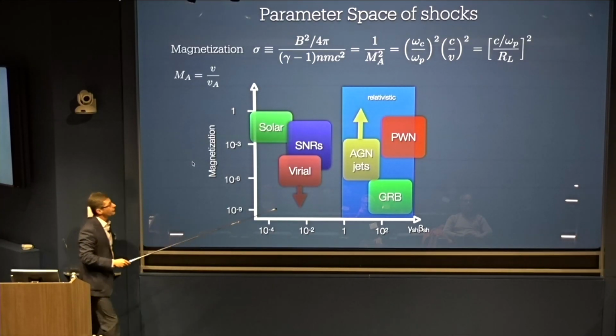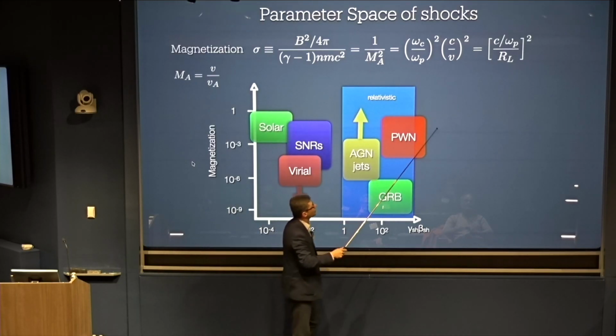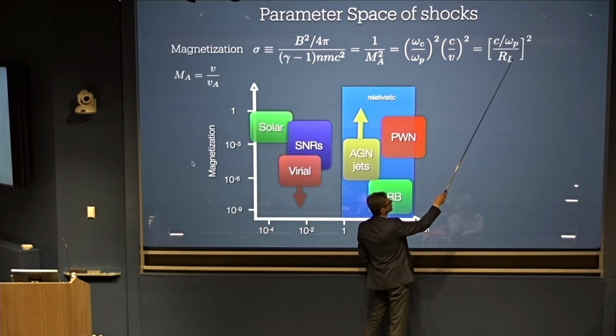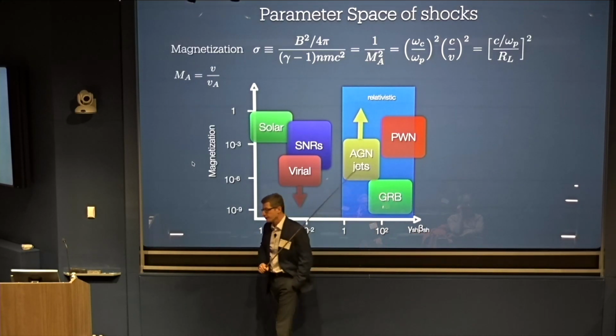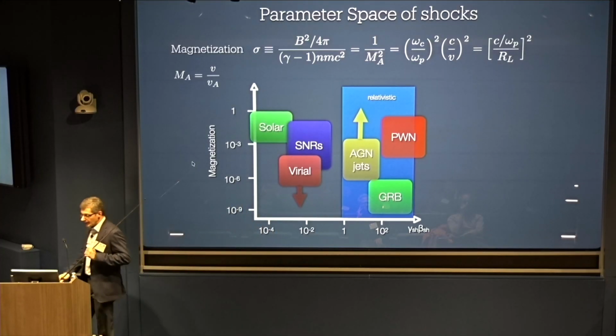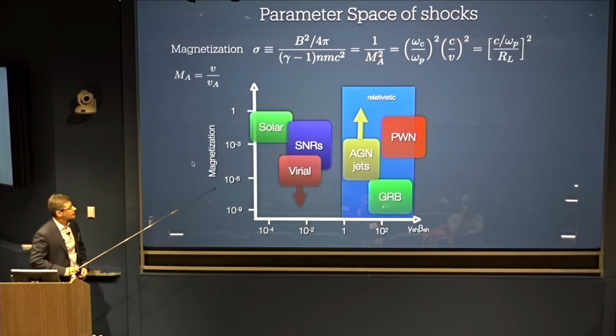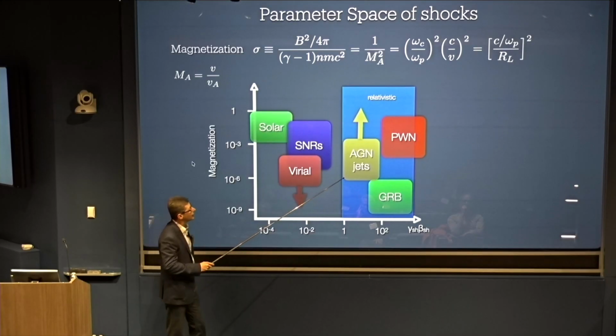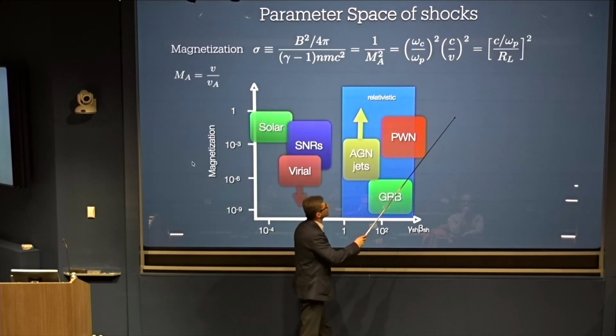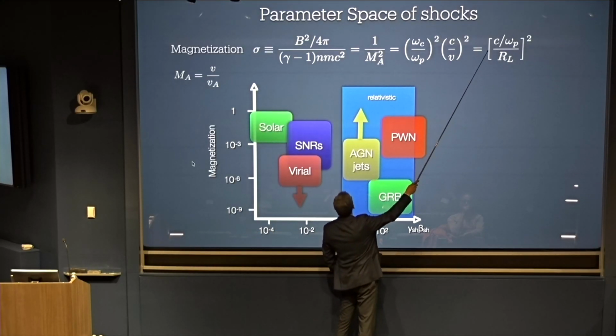You can also rephrase it in more plasma physics terms as the ratio of the skin depth to the Larmor radius of the ions. If this ratio is large, that means that the magnetization is large.